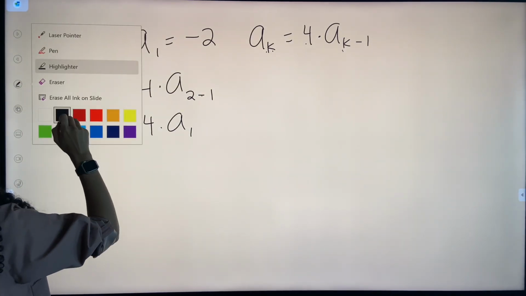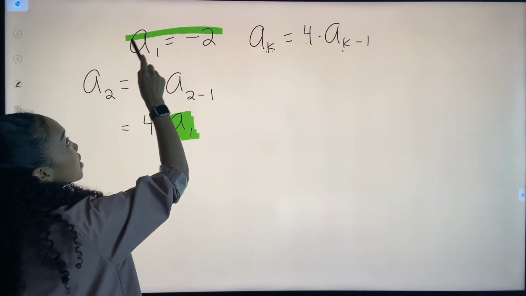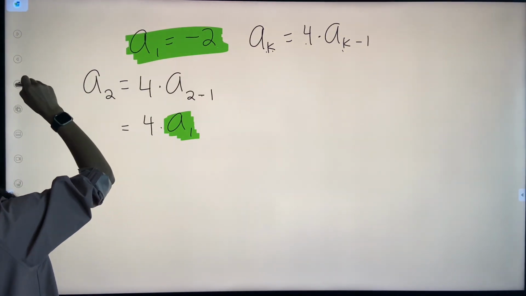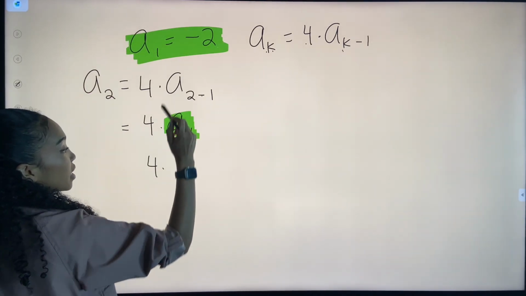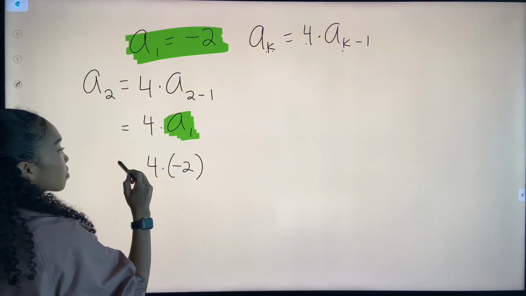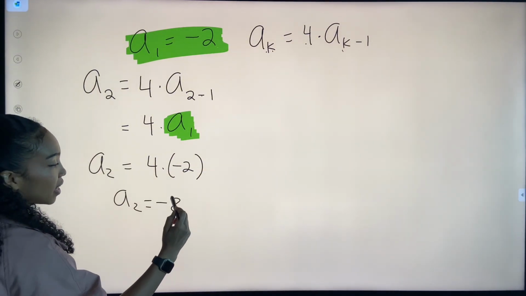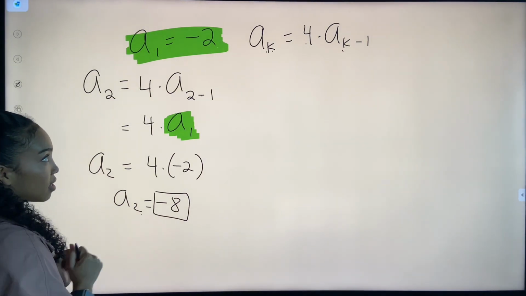Well, I know that A1 is negative 2. That's what they told me. That's the information I was given. So I can replace that with a negative 2. So that means A2 is negative 8. That is the second term.